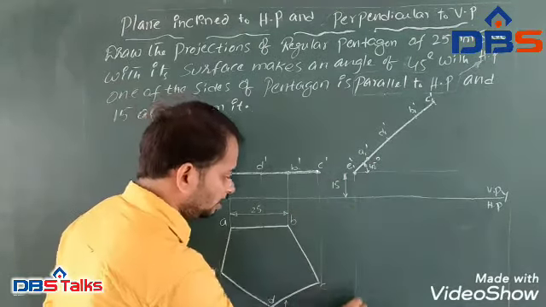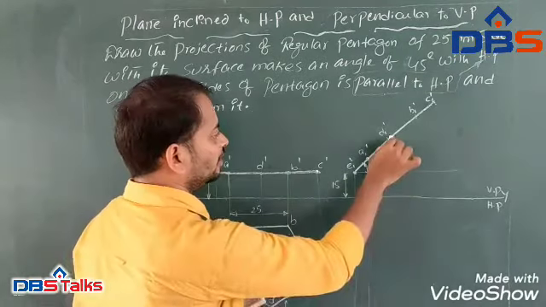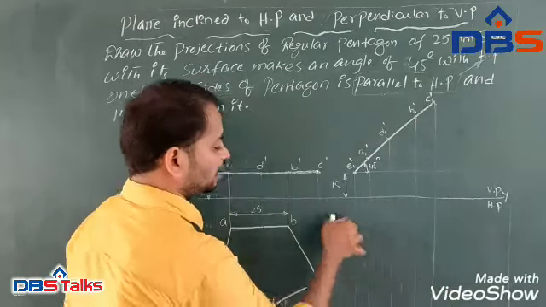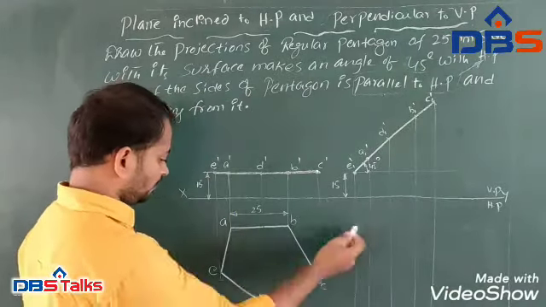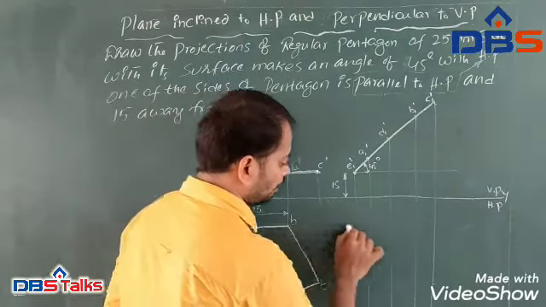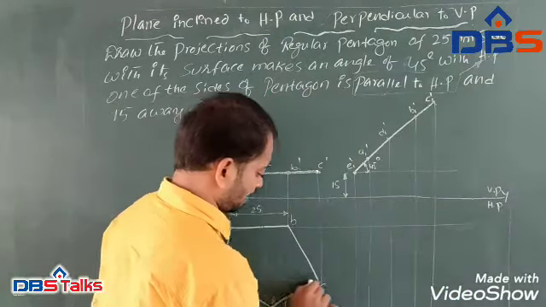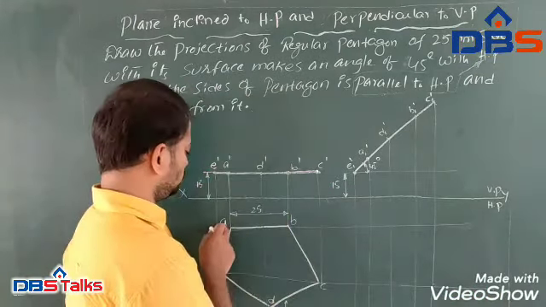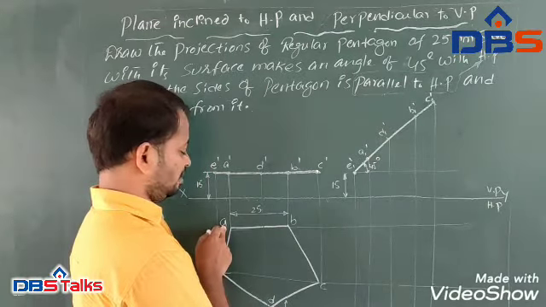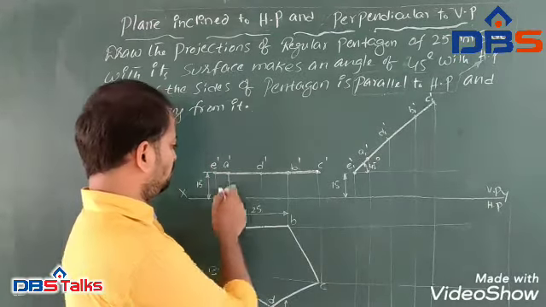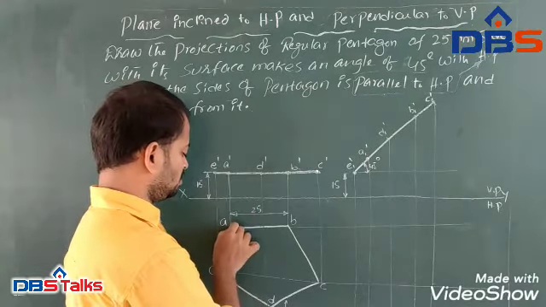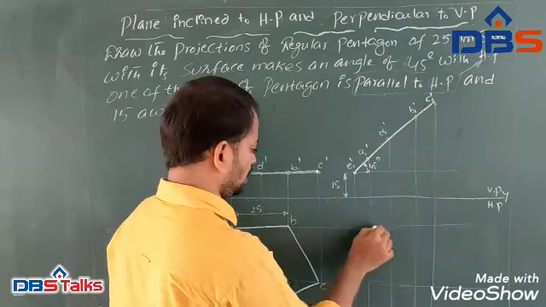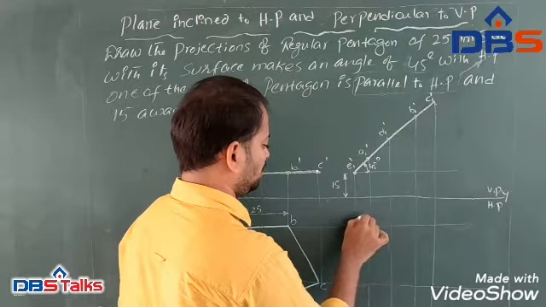And then the same regular pentagon after the position of 45 degrees. So draw the projections from A, B, C, D and E. In the same way, from the regular pentagon, A, E, and D, and B, C also. Then the representation, A1 dash is joined to A. This is the point A1.